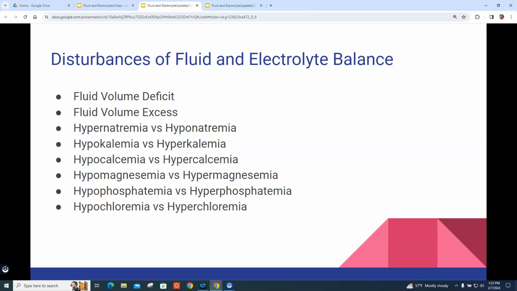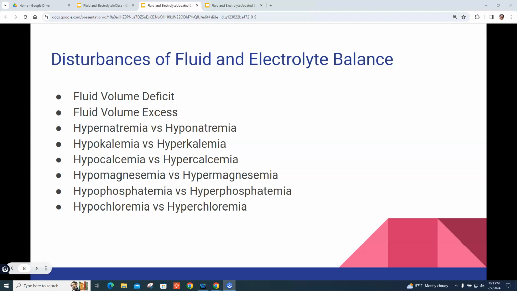So, for example, hypokalemia is somebody that is less than 3.5 serum potassium. And hyperkalemia is that their serum potassium is above 5.0. You're going to need to know how to take care of your patients with these fluid and electrolyte imbalances.